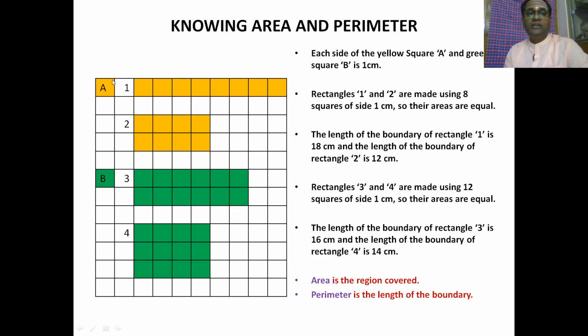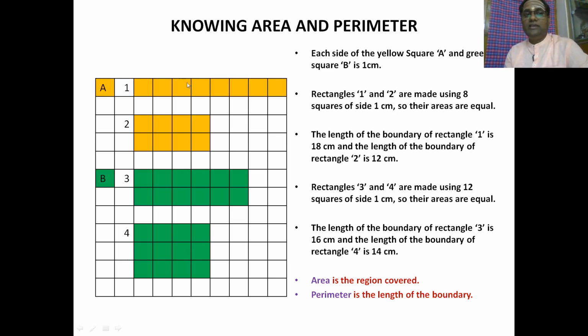And if the unit square is of side 1 meter, then this area would have been 8 square meters. So area is actually the region covered, and it is expressed in terms of square centimeter, square meter and square inches. Here I have taken each square of side 1 centimeter.